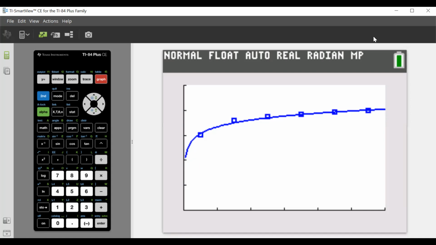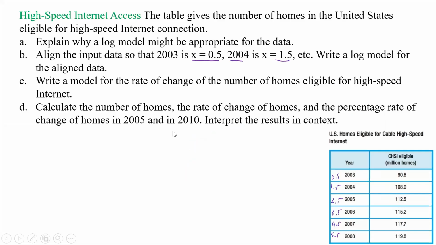All right, let's go back and do our work over here and write what we need to do. I'm not going to explain part A. We kind of did that already, but let's do B and write our log model.